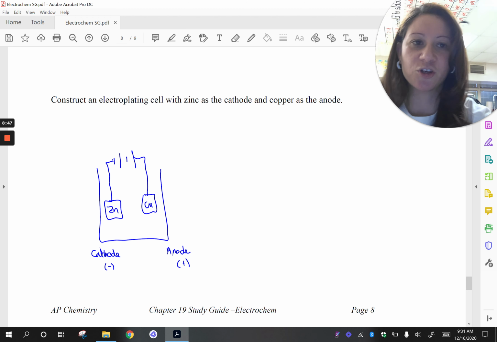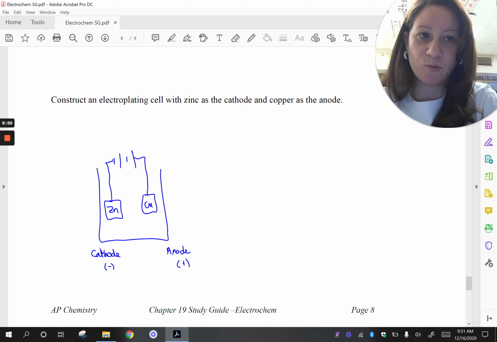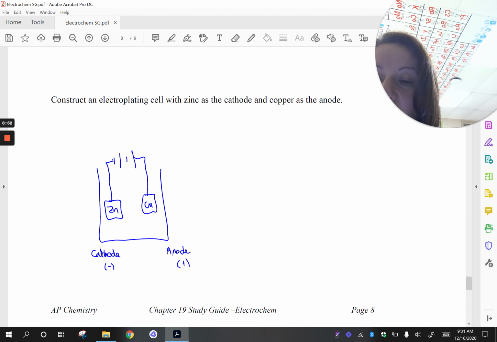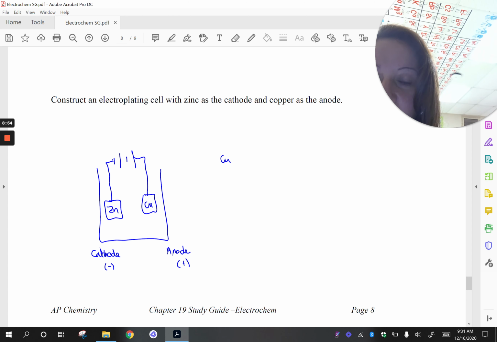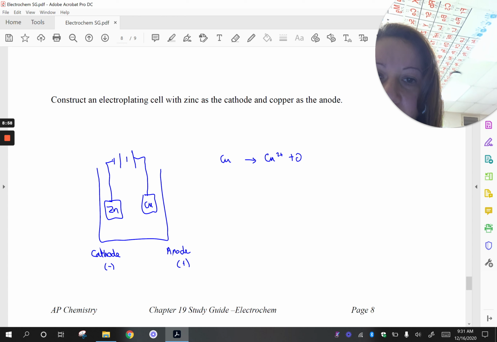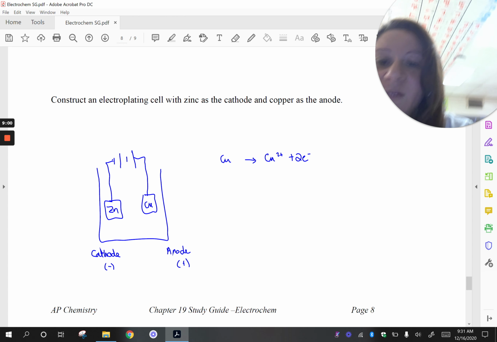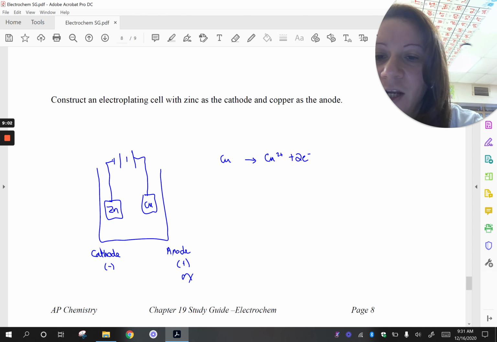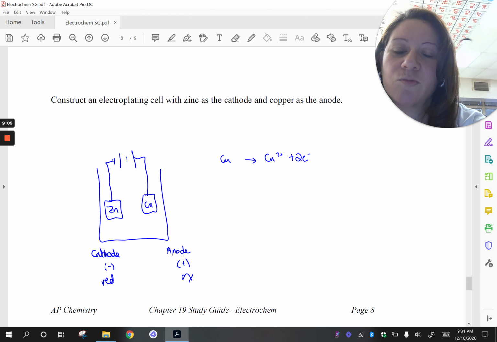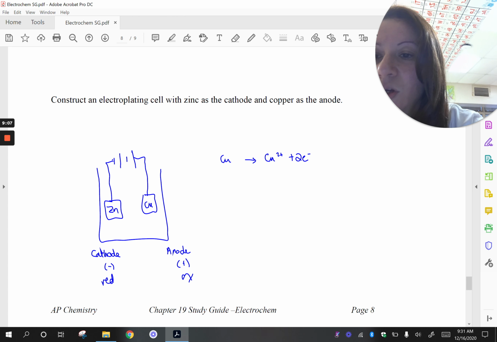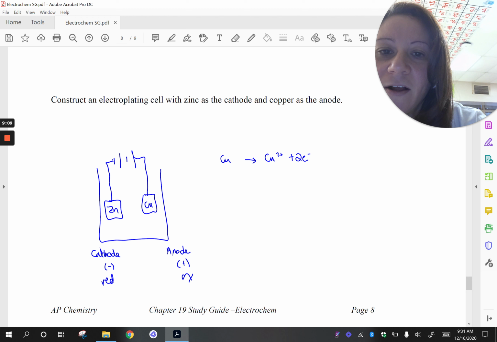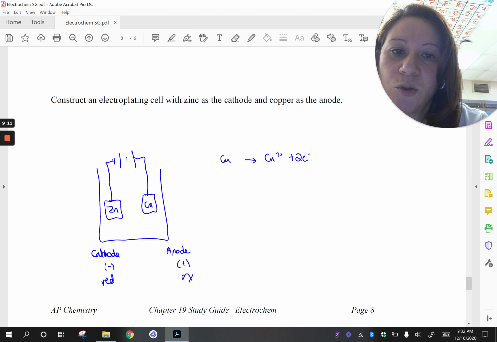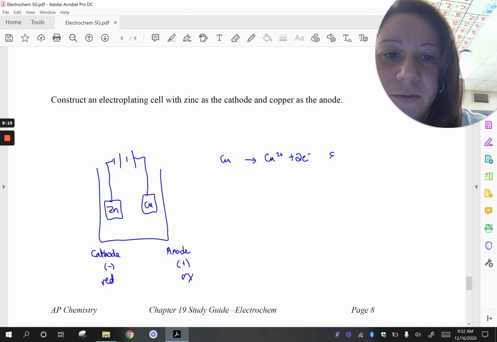And so let's look at what is happening here. They don't ask for the reactions, but since these are our notes, we want to show what's going on. So copper is being oxidized. So copper is going to Cu2+ and 2 electrons. I know that copper is oxidized because it's the anode, and anode is where oxidation occurs, cathode is where reduction occurs. So my copper is turning into Cu2+ and 2 electrons. Let's look up the cell potential here.